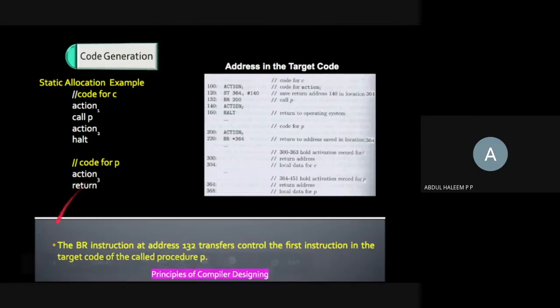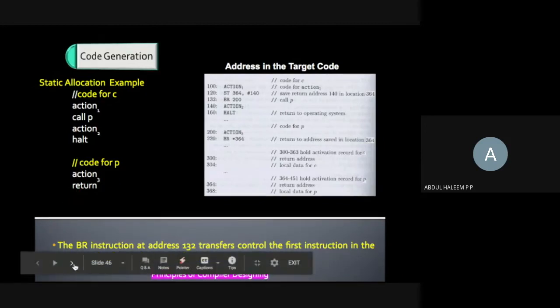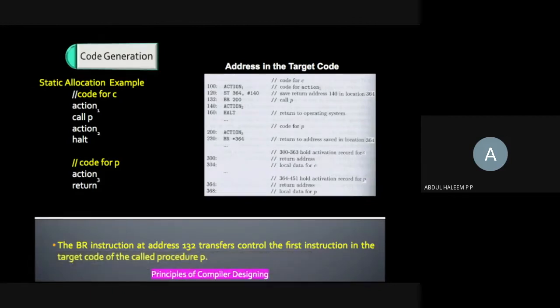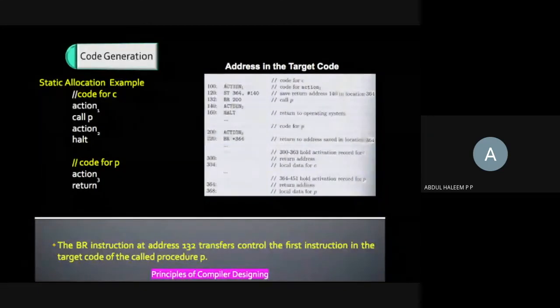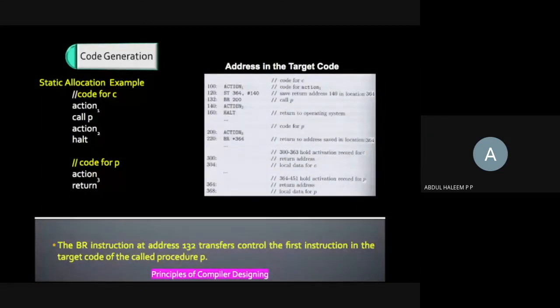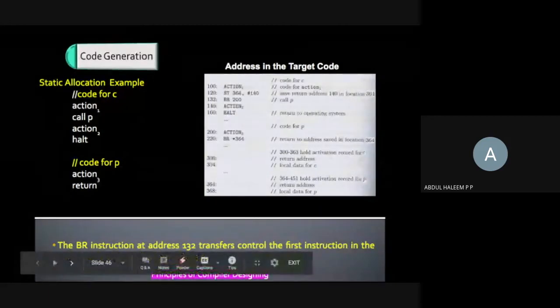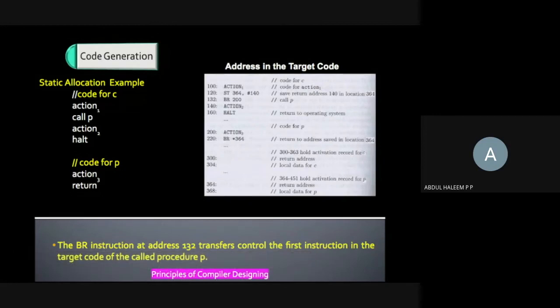So you may be given an example and asked to explain this, or asked to illustrate these steps, how it is being done, or simply the basics, the fundamental steps. So all these portions we should be able to explain: how things are working, how a call statement is getting translated, how a return statement is getting translated.